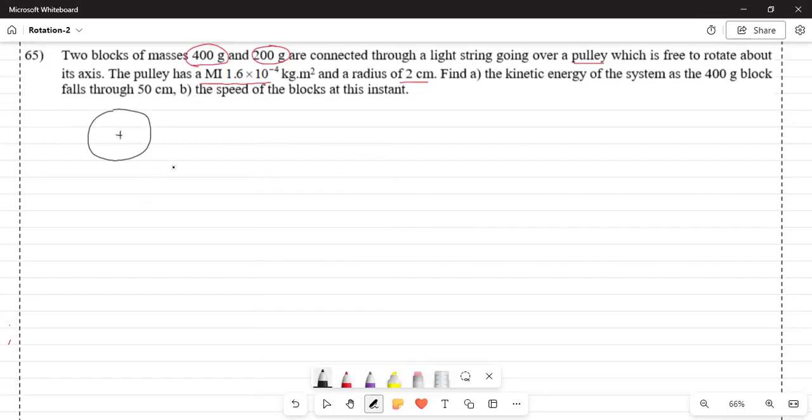Pulley has a moment of inertia I equal to 1.6 into 10 to the power minus 4 kg meter square. Of course, it is such a small moment of inertia. It is a small pulley, almost a light pulley, and it has a radius r equal to 2 centimeter. 2 centimeter is 2 into 10 to the power minus 2 meter.